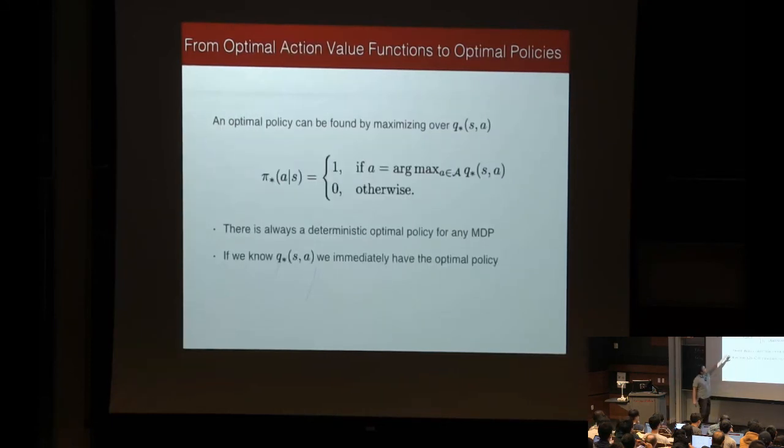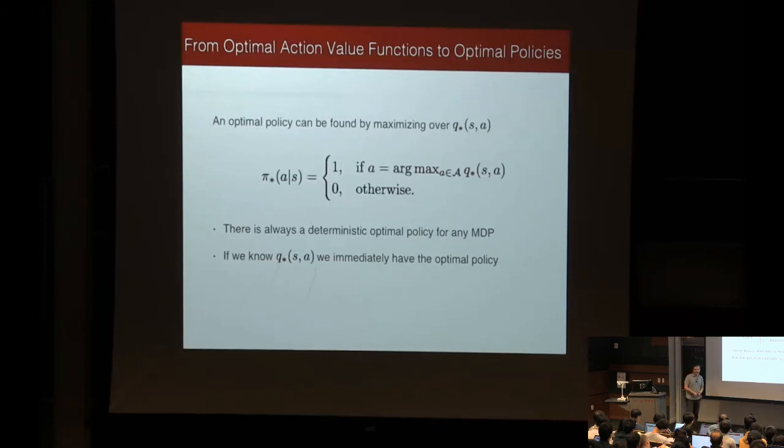For example, the optimal policy is going to take the action if A is the argmax over all actions of the optimal Q function, which is essentially telling you that if you find the optimal Q function or value function, then you can recover the optimal policy from it, right?